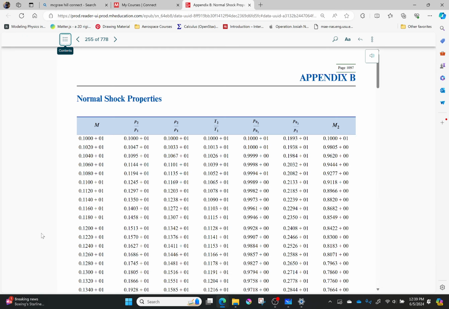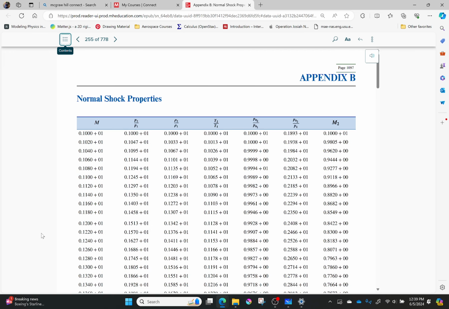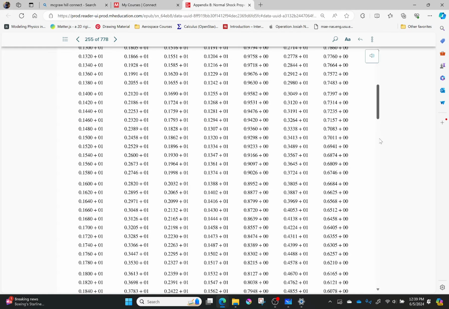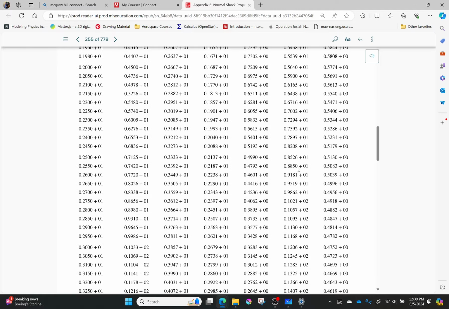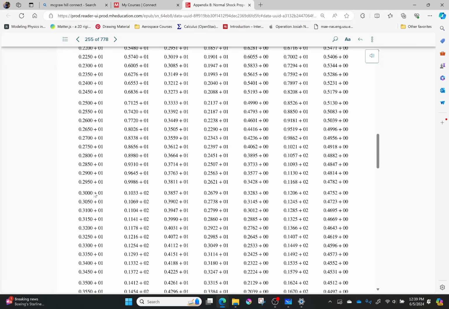Okay, so I went ahead and jumped over to our appendix. And so if I scroll down here, if I try to scroll down, continue to try to scroll down, it does not like me today. There we go. Now it's moving. I can find a Mach number of 3, which is right here. I know you can't see the column headings.